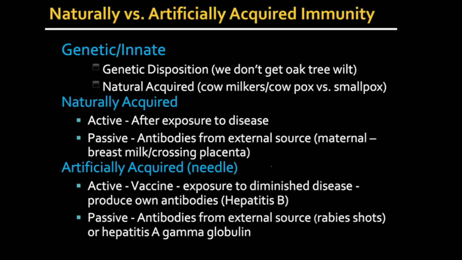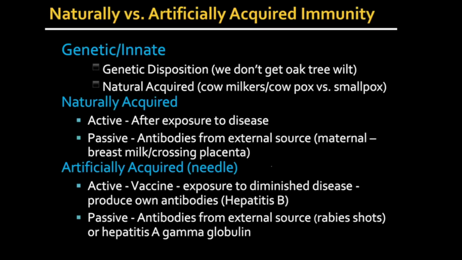All right. Now, the next category in blue there is naturally acquired immunity. You got it naturally. Active would be after you got exposed to a disease. For example, you got the chicken pox and now you're immune to any more cases of the chicken pox. That would be the active version of naturally acquired immunity.